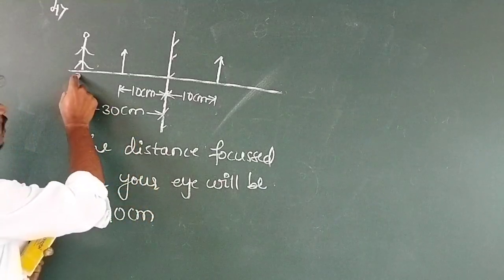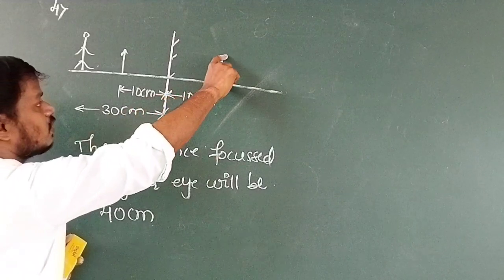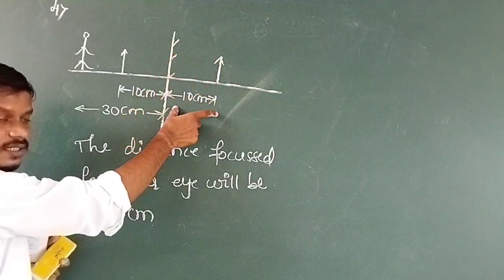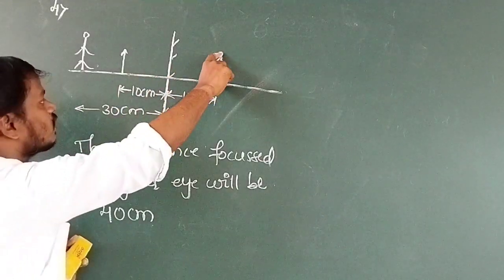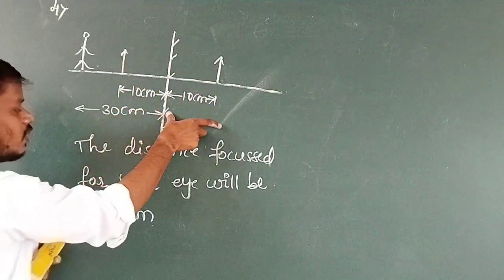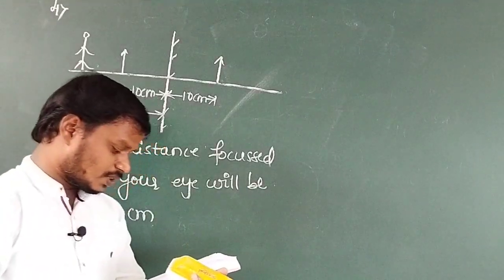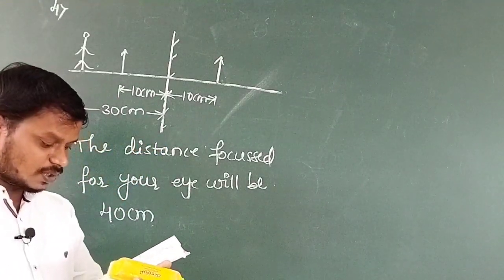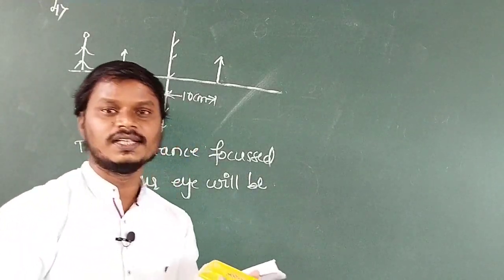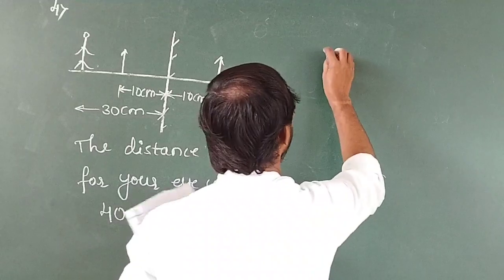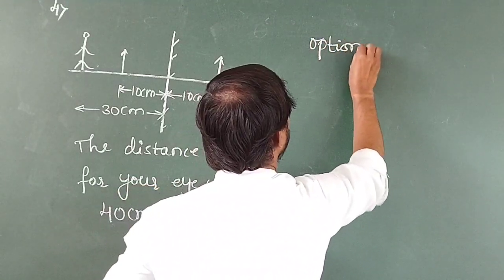Because the distance of the observer from the plane mirror is 30 centimeter, and the distance of the image from the plane mirror is 10 centimeter. At what distance does he have to focus his eye to see the image of the object here? 30 plus 10, that is how much? 40 centimeter. Here options are, first option 60 centimeter, second option 20 centimeter, third option 40 centimeter, and fourth option 80 centimeter. Then which is the correct option here? Third option is correct. Option 3 is the correct answer.